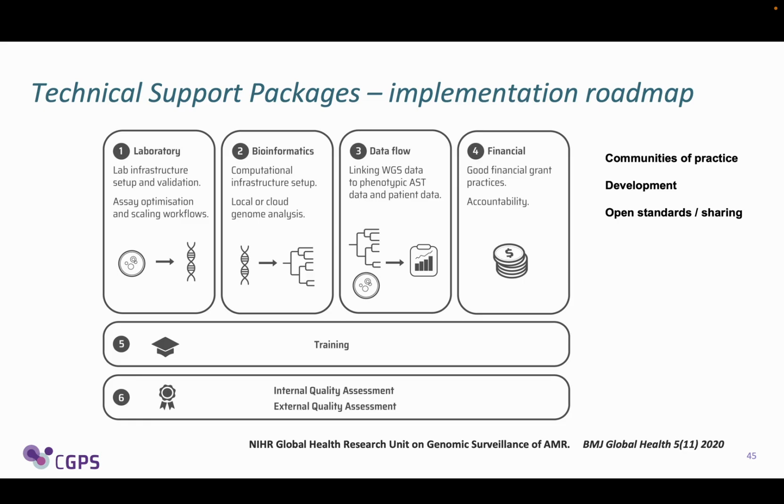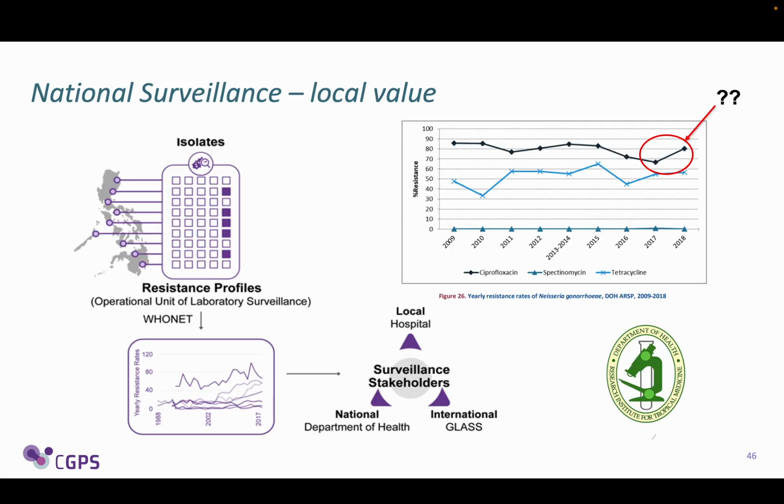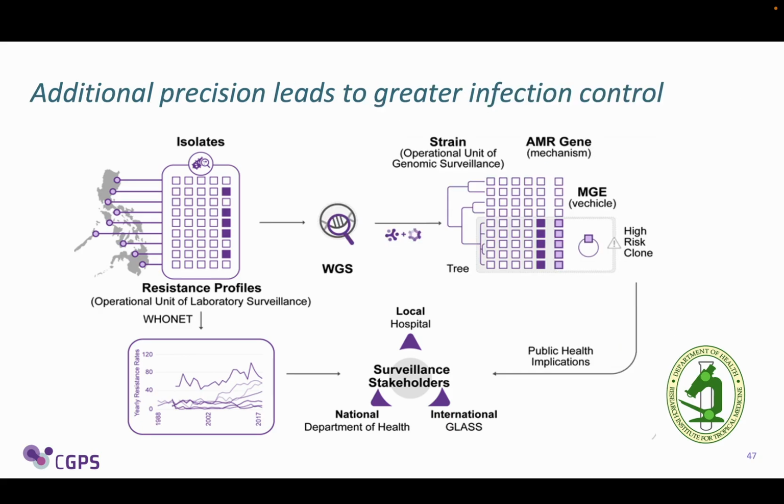And then data-flo, which is linking the information to other data sources. So this was a manuscript that was published, which was around the process for standardizing implemented genomics in each of the locations.